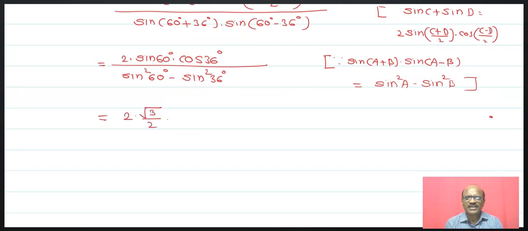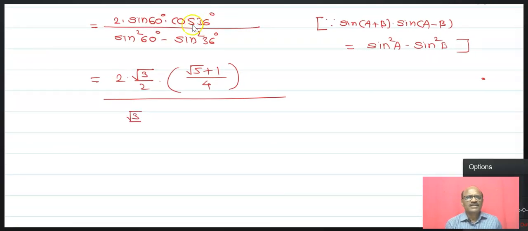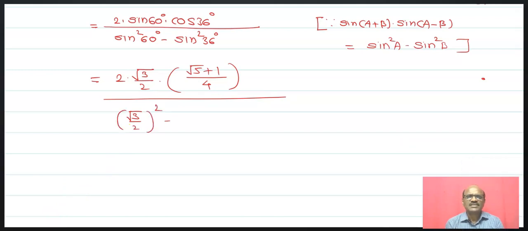We will substitute the value of sine 60, which is root 3 upon 2. And again I am writing one more value, that is cos of 36. You have to remember this, root 5 plus 1 upon 4. Next, sine 60 is root 3 upon 2. And the next value is sine of 36, that is 5 minus root 5 upon 8.